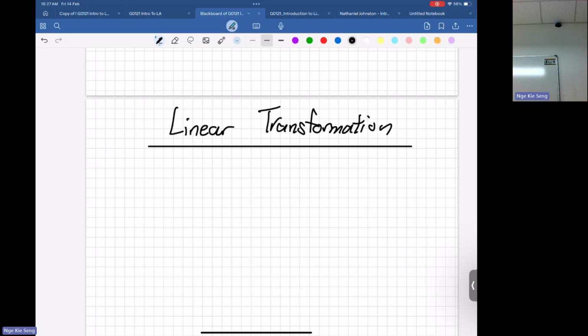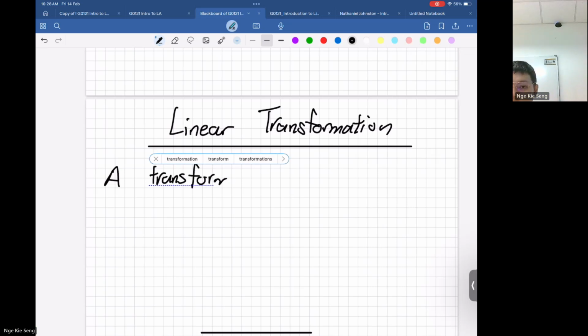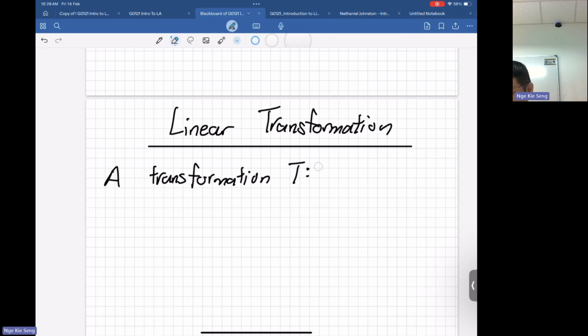So here for transformation, we want a linear transformation. So what sort of transformation is linear? Let's say this is a transformation from Rm to Rm.